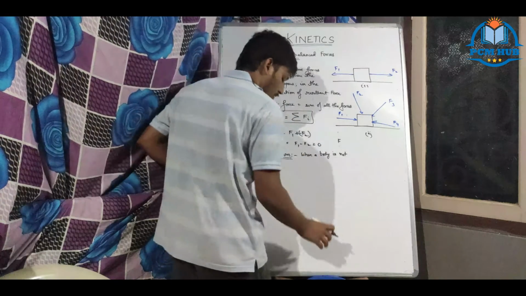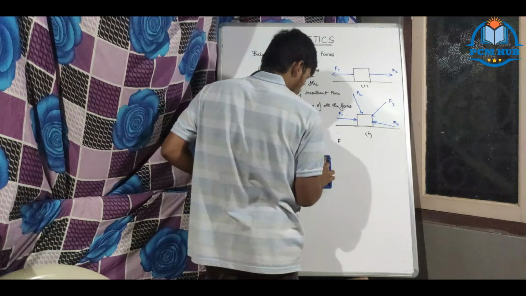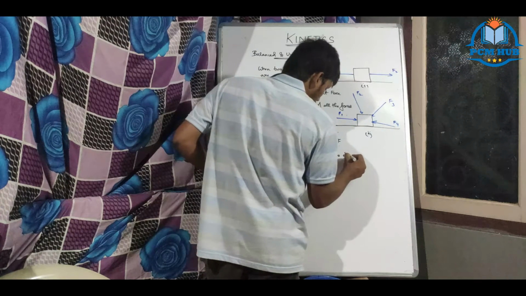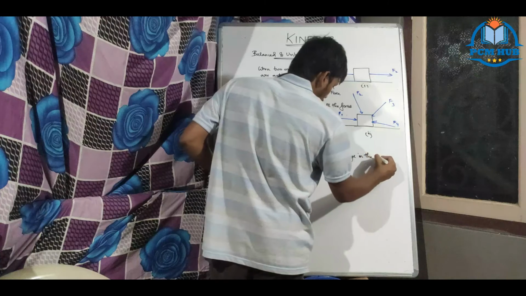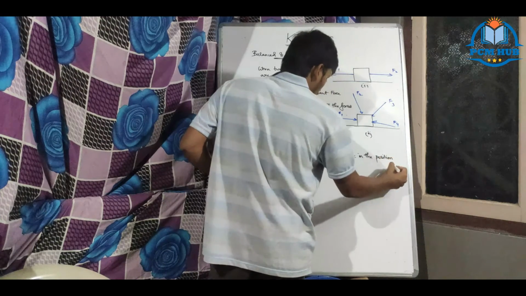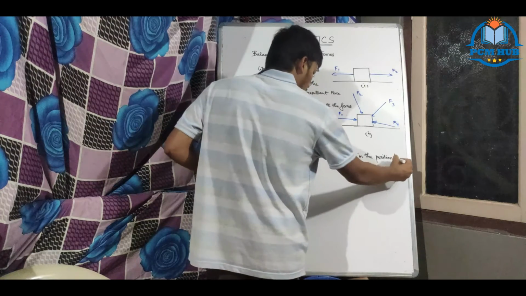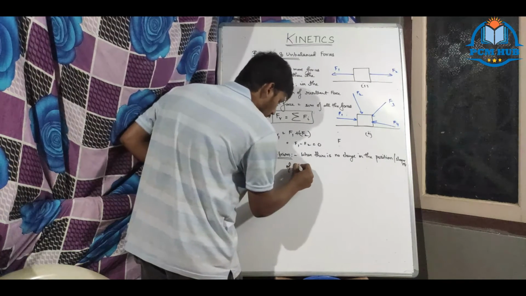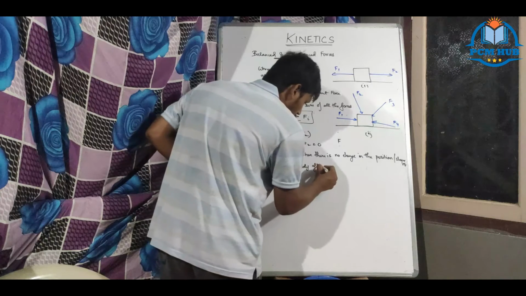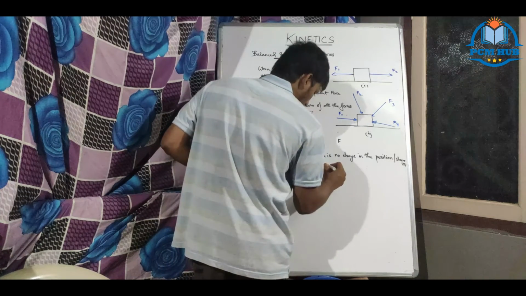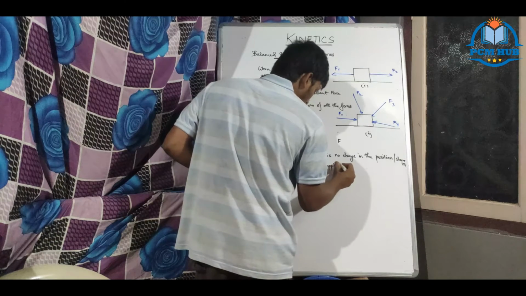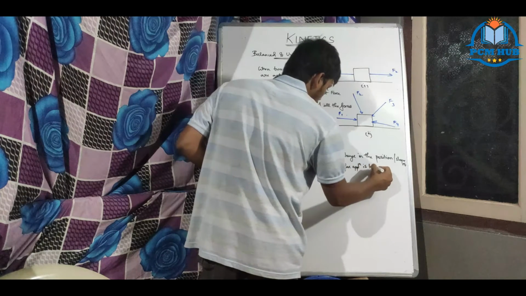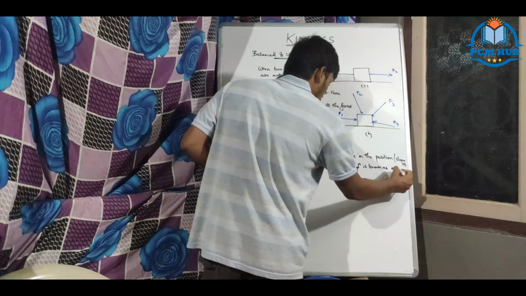Okay, now listen. When there is no change in the position or shape, anything, etc. of a body after force is applied, then after application or before application, it is known as equilibrium.